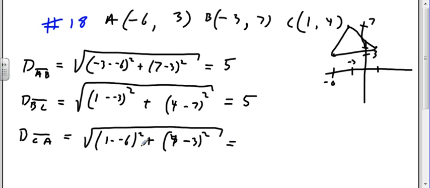All right, and then I've got 5 squared, 25, plus 1 is 26, square root of 26.